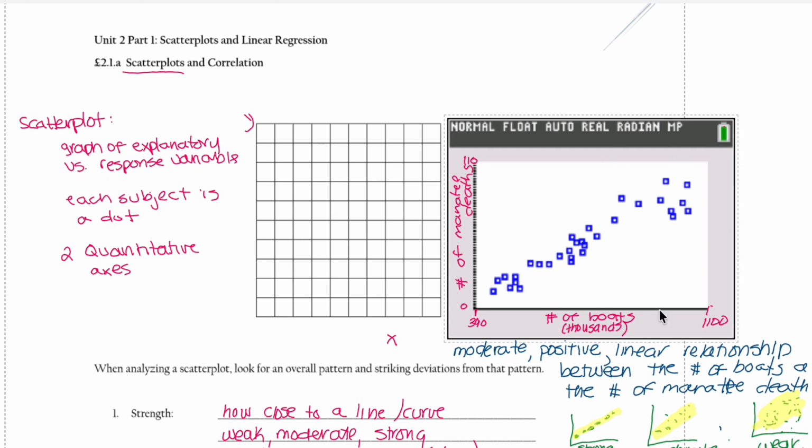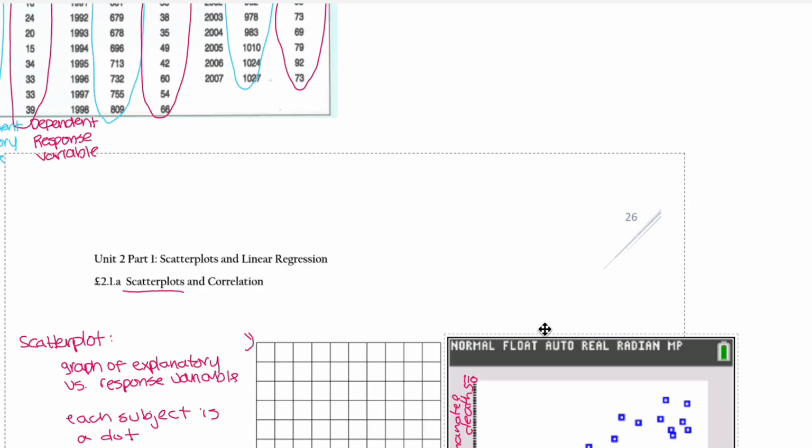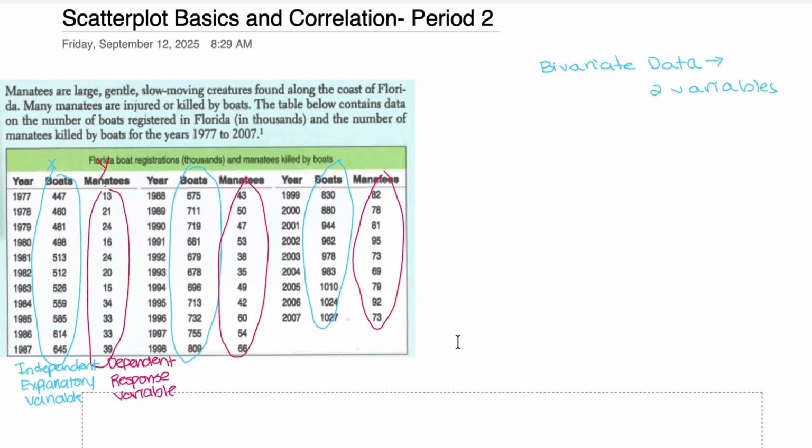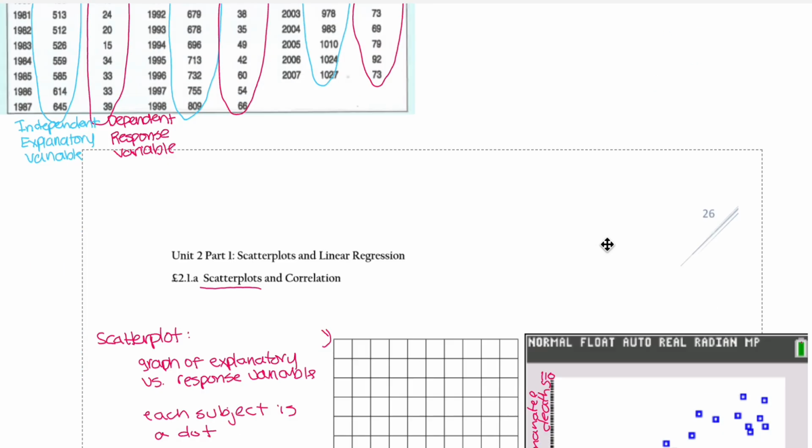You can see I copied and pasted a screenshot of my calculator, the data that basically follow the same trend. And there are two quantitative axes, which we labeled right here. The x-axis, just as we said, is the explanatory variable, which is the number of boats registered.